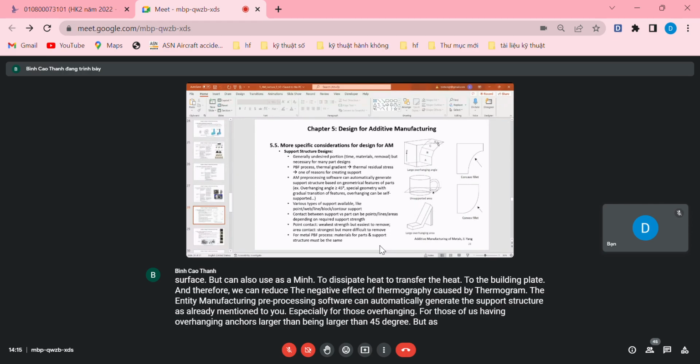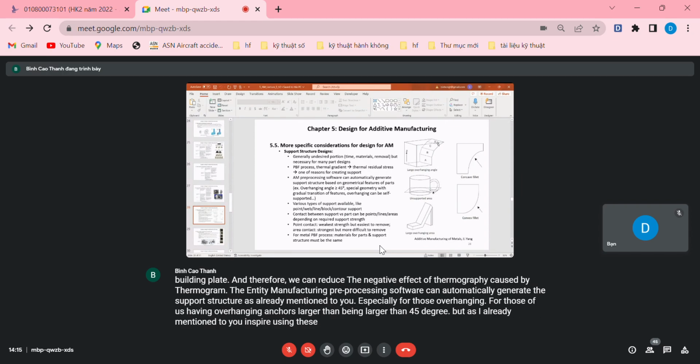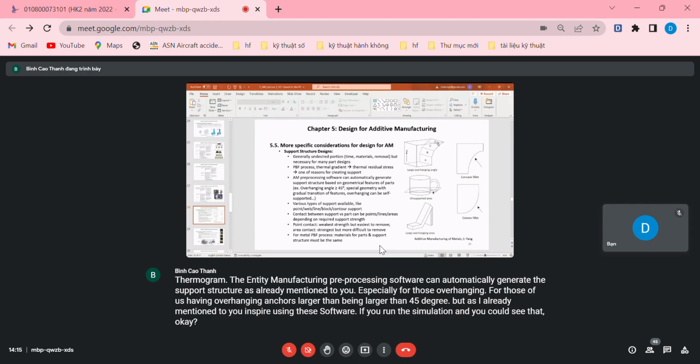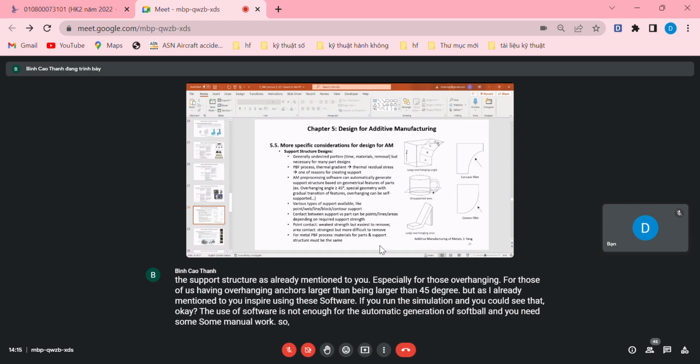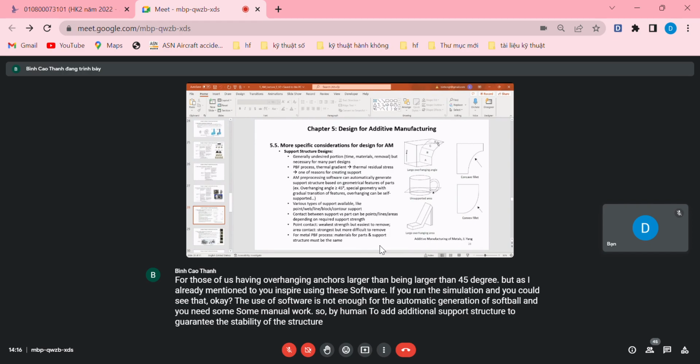But as I already mentioned, despite using this software, if you run the simulation, you could see that the use of software is not enough for the automatic generation of support, and we need some manual work by humans to add additional support structure to guarantee the stability of the structure, especially during the 3D printing process.